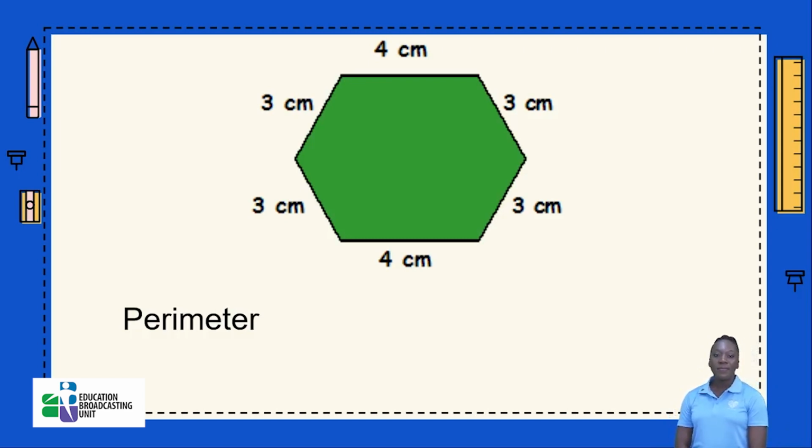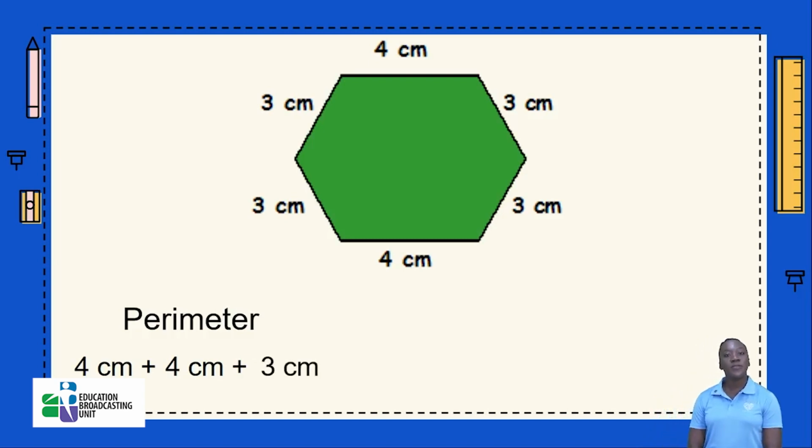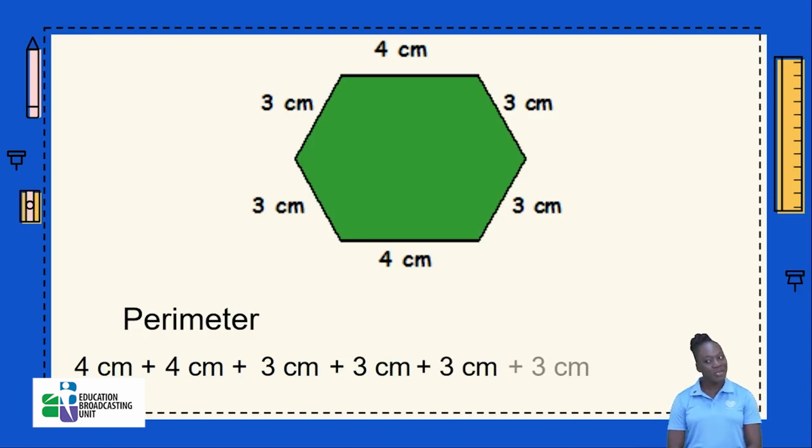This hexagon has dimensions of 4 centimeters on 2 sides and 3 centimeters on 4 sides. To find the perimeter, we simply add all the sides together. 4 centimeters plus 4 centimeters plus 3 plus 3 plus 3 gives us a total of 17 centimeters altogether, and that would be our perimeter.